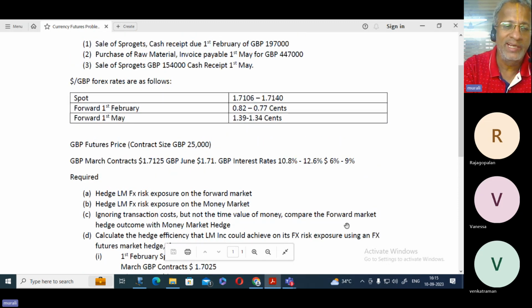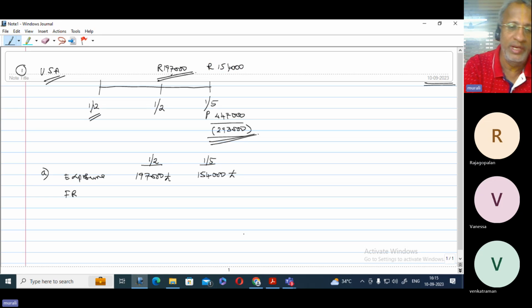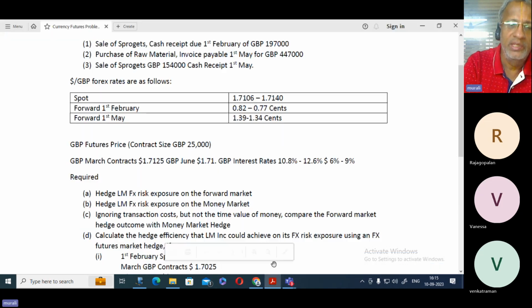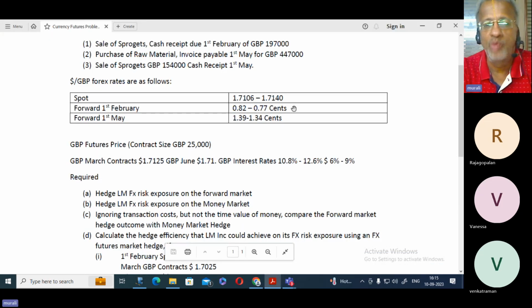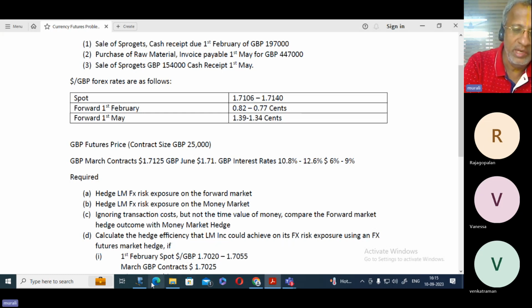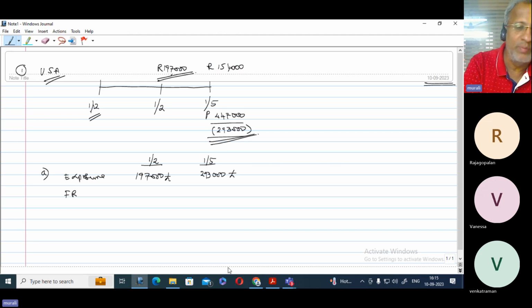We all know that they have not given it as outright forward. They have given it as spot plus or minus swap points. So now let us just know about what swap points we are expected to use.